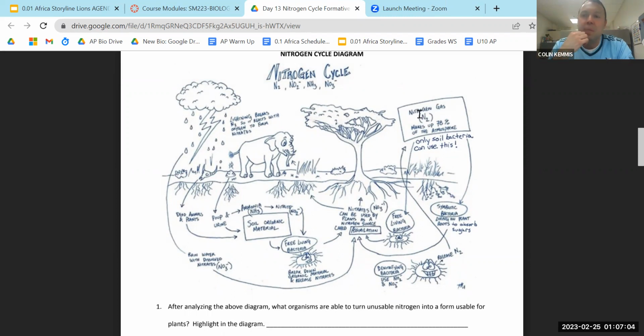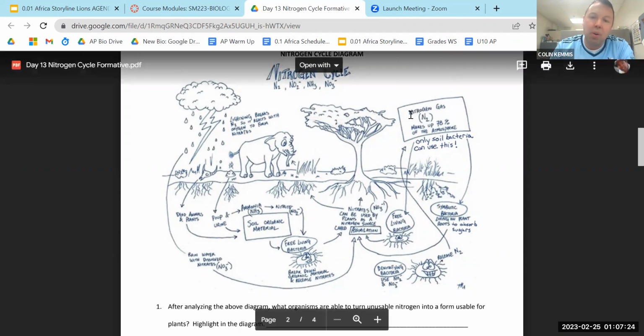So instead, we have to use bacteria. How does nitrogen move from the atmosphere to the soil or water and living things? How does it move from the soil and water and living things back to the atmosphere? The answer is always bacteria. So pay attention to that part of the cycle over here.